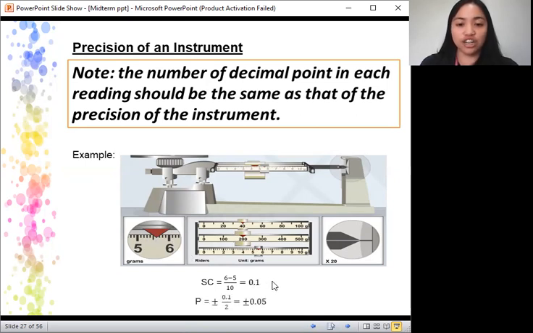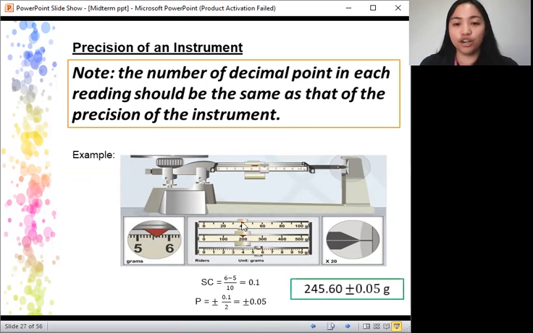So the precision is plus minus 0.05. So your reading for this balance is 245.60 plus minus 0.05. So again, the way you report your reading or your answer should have the same decimal places as the precision of your instrument.